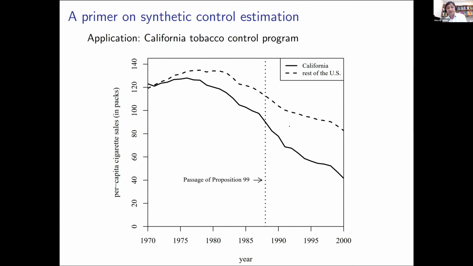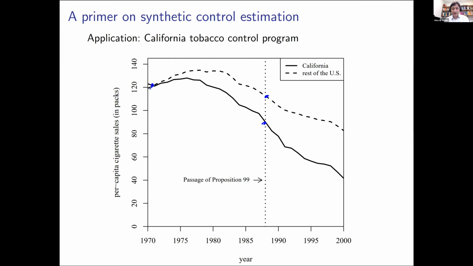And again, this is a setting in which you wouldn't want to do difference in difference, right? The trajectory of the outcome variable is completely different for California and the rest of the US. If I do difference in difference between this point and this point in time, I'm going to get something, but there is no intervention there.